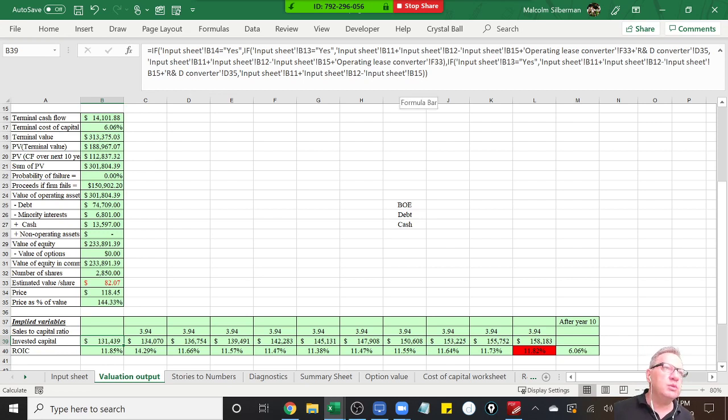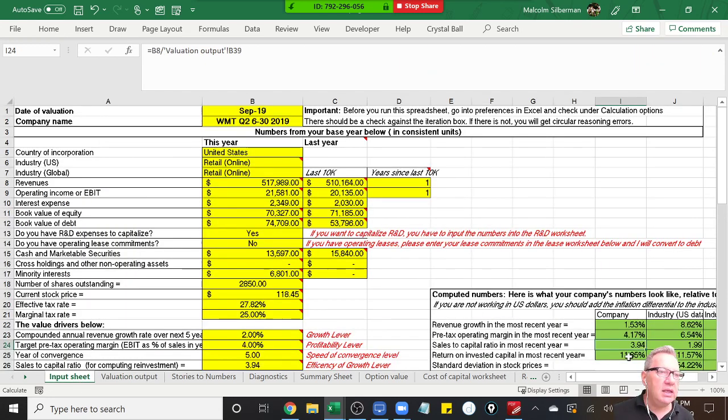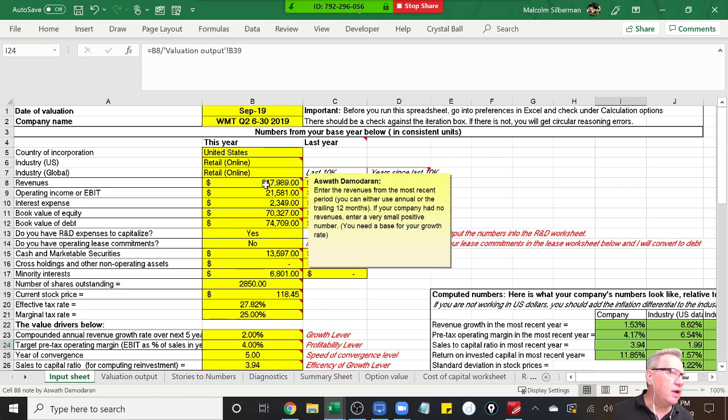Then he does his adjustments for operating lease and R&D, which we'll get into a bit later. But essentially he adjusts it by those amounts. But he says that's my invested capital in the business. And what he does is he says, look, if I can get a number, sales, which is, where's sales? 517 billion.